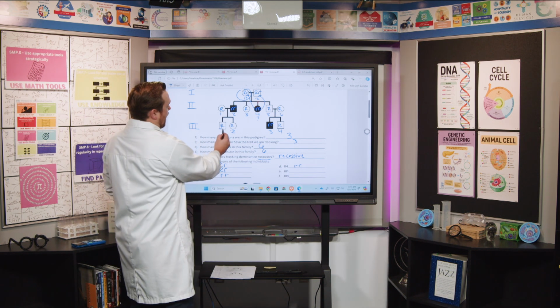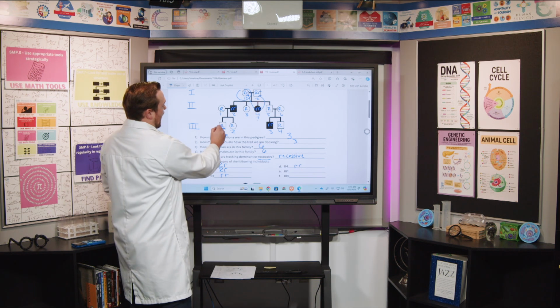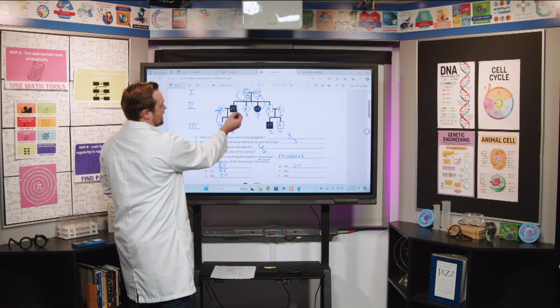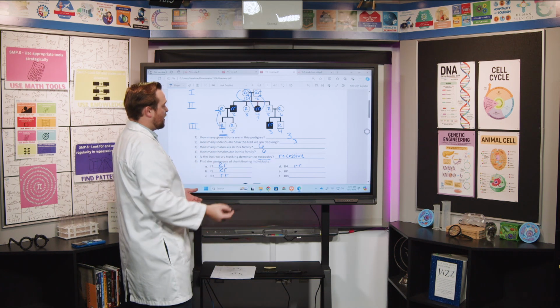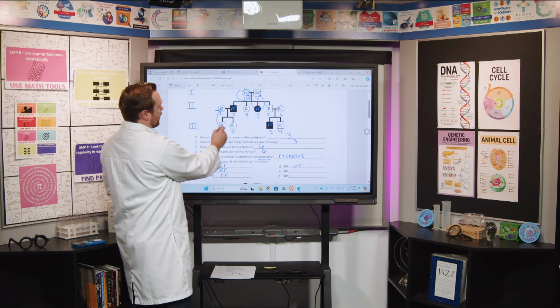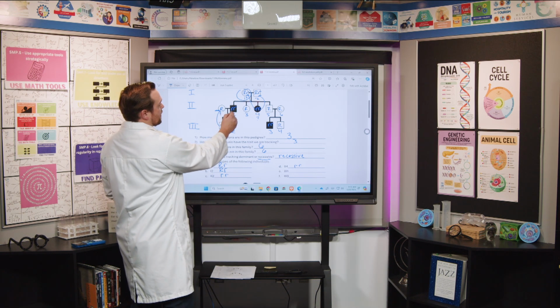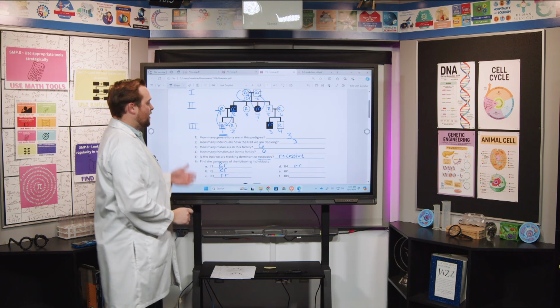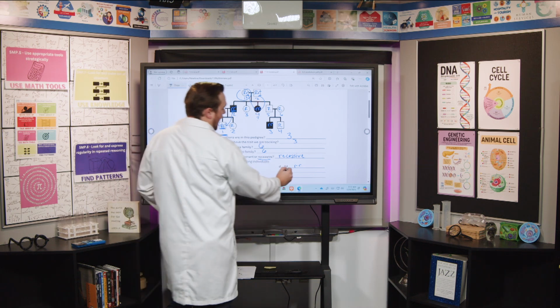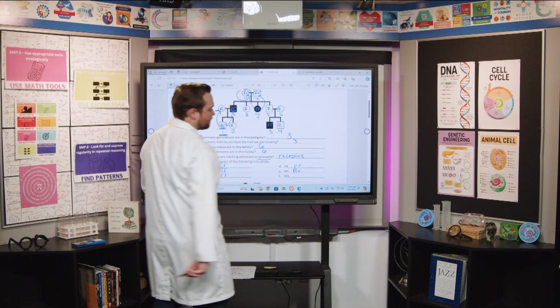Where did this capital R come from? Well, it had to come from the mom, because the dad does not have a capital R to give. He's homozygous recessive. So that means that this capital R came from the mom. The only thing that dad has to give is a lowercase letter, right? So that means that this individual, 3-1, has to be heterozygous as well, okay?